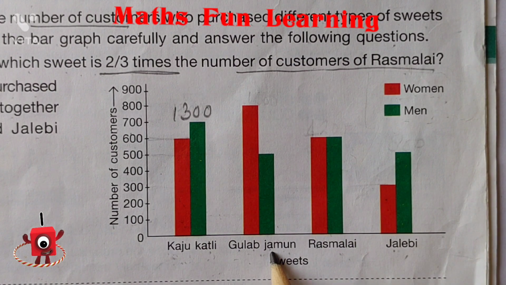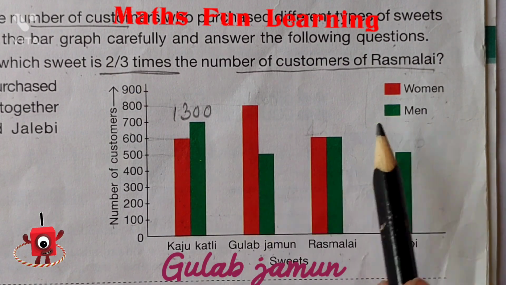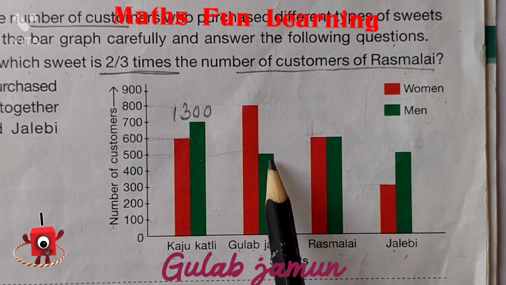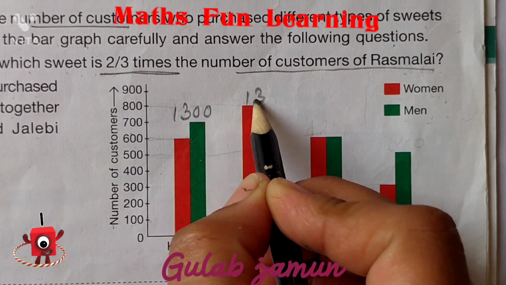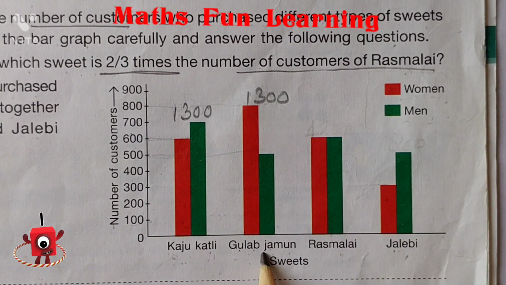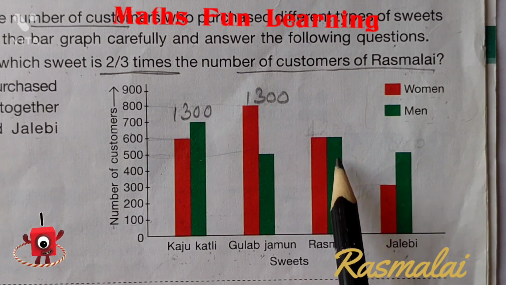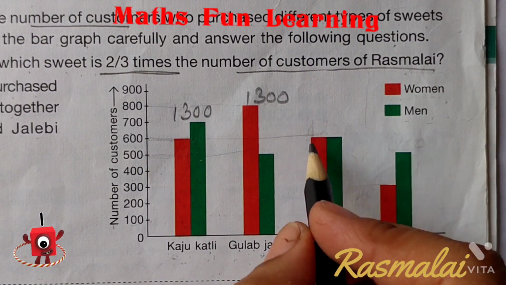Now let's see the Gulab Jamun. In Gulab Jamun, 800 are the women and the men are 500. So 8 plus 5, 1300 again. These are again 1300 customers of Gulab Jamun. Let's see the customers of Ras Malai. Women and men, the number of customers is the same, and that is 600.